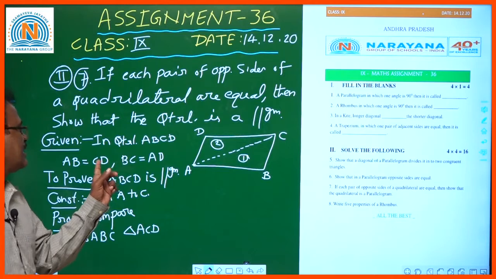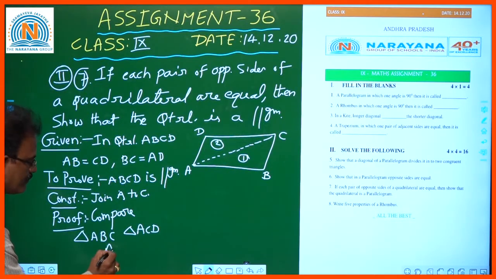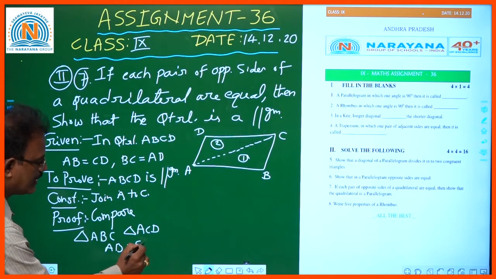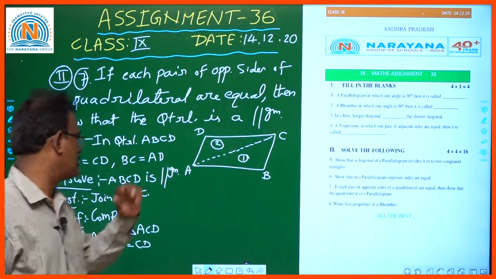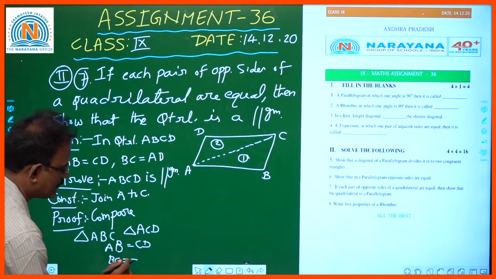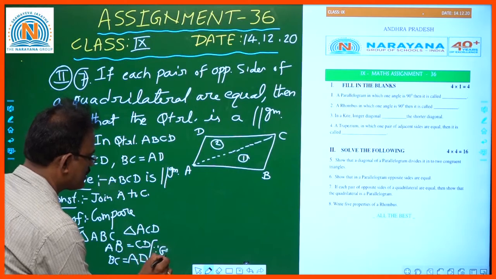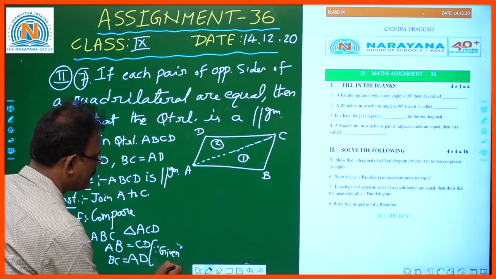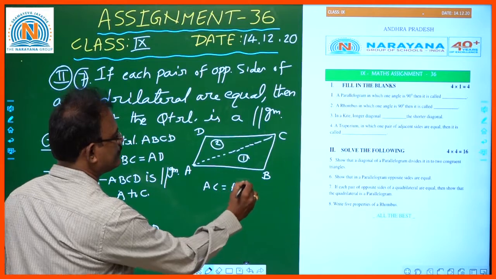See, it is already given AB is equal to CD and BC is equal to AD. Okay, this is given, and AC is equal to AC, common side.